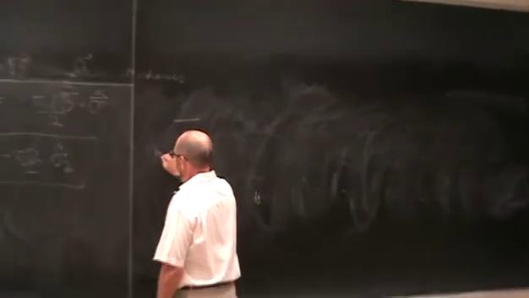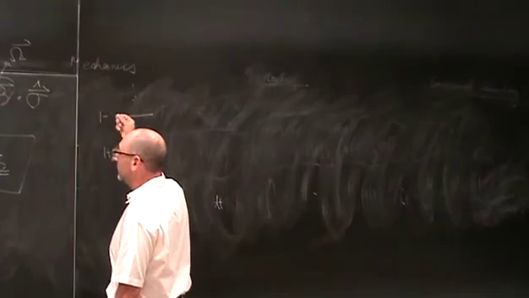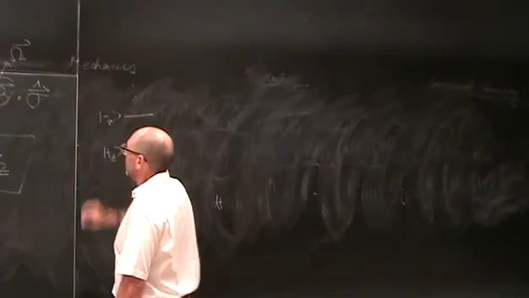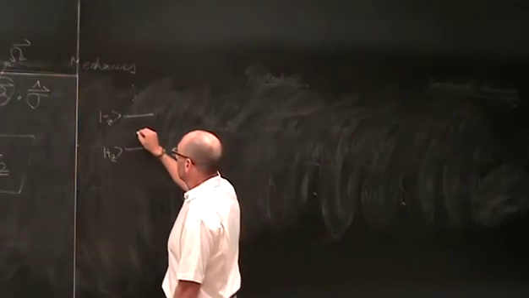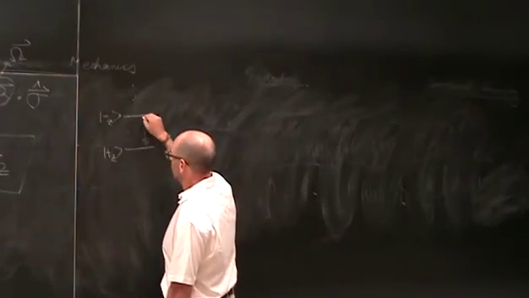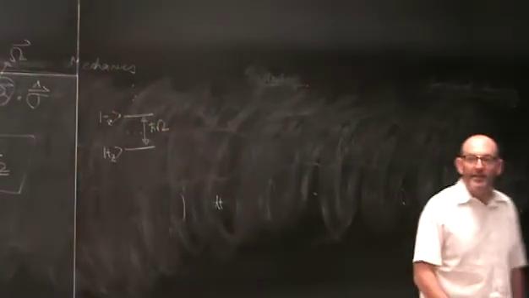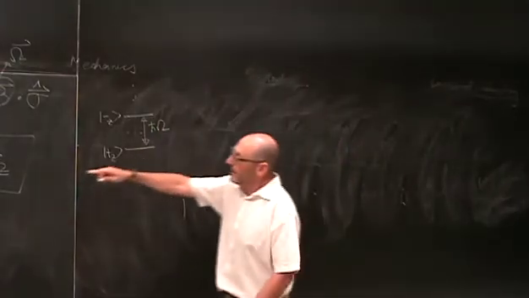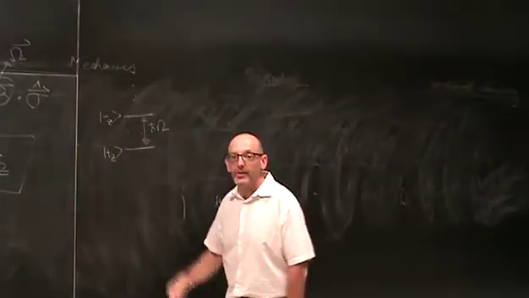Okay. So if I were to draw an energy level diagram of this system, it says that spin up along z is the ground state, and spin down along z is the excited state. And the splitting between them is that, right? This one goes down by h bar omega over 2, and this one goes up by h bar omega over 2.